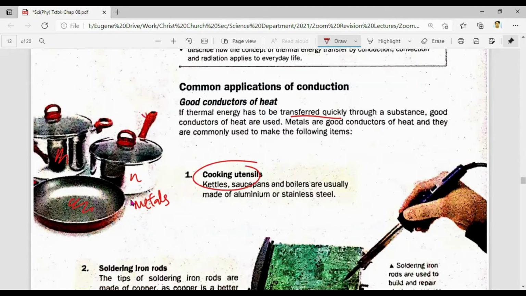But what you realize about the handles is that they're all poor conductors. Because imagine you want to hold on to the handles, but yet it is a good conductor. Once it's heated up, the heat quickly transfers to your hands, and it becomes very hot. So they will attach poor conductors to the points where you'll be touching, so that heat will not be conducted quickly through your hand.